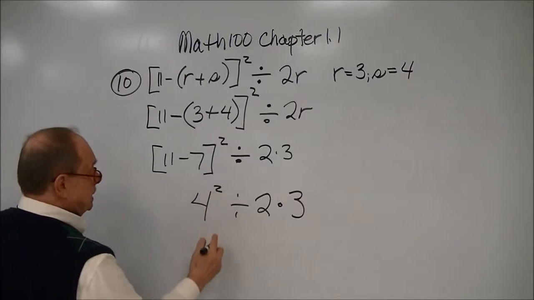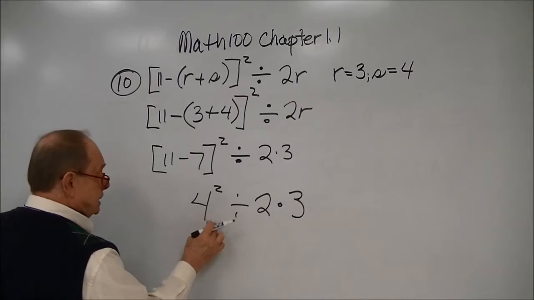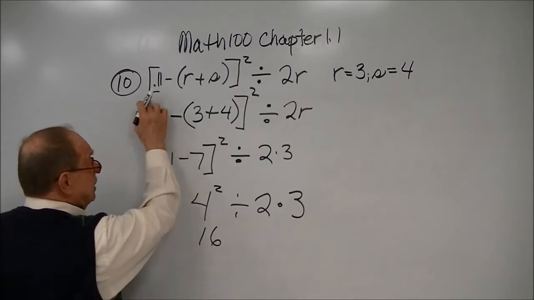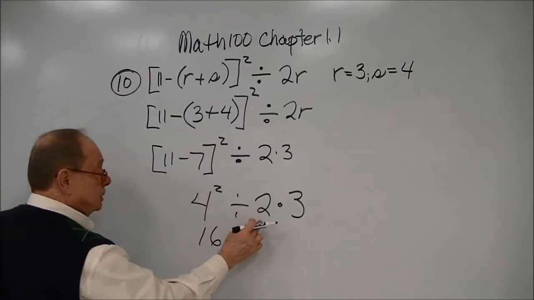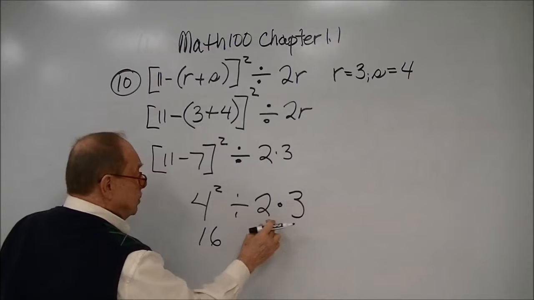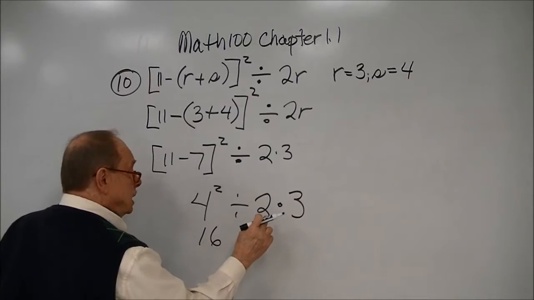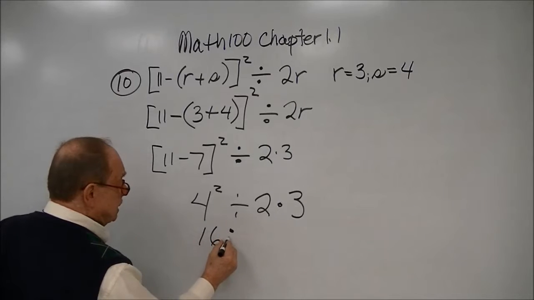So 4 squared is 16. 16 now was all of this in the bracket. That's divided by 2, because that comes first. We can't do that multiplication; we have to do the division first.